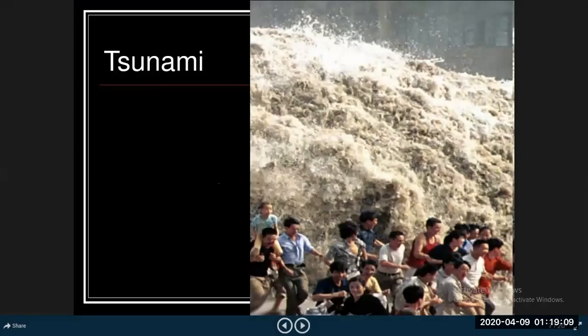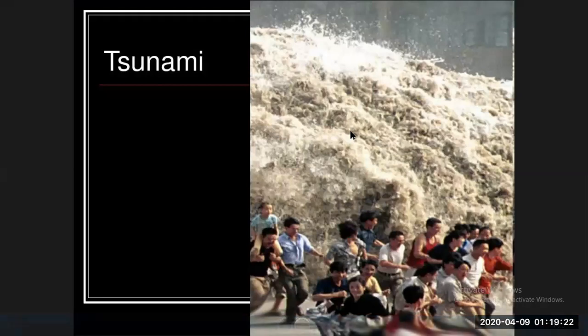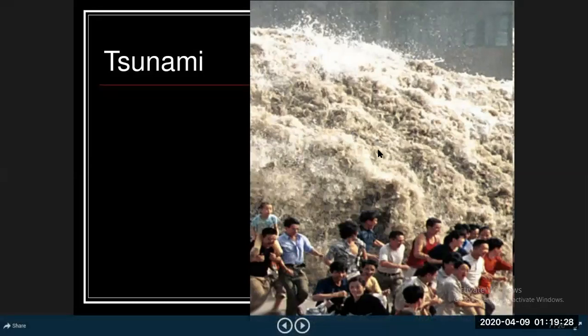Next, tsunami. You must have heard about the tsunami that came in 2004 in our country, and a large number of lives and assets were lost.